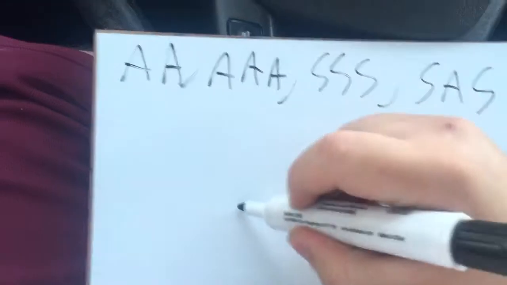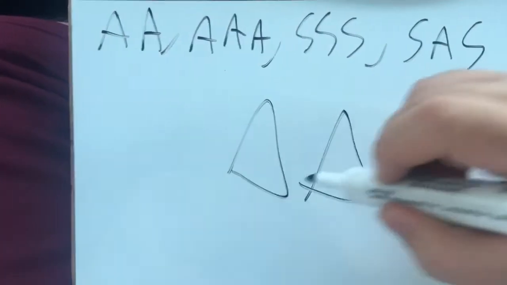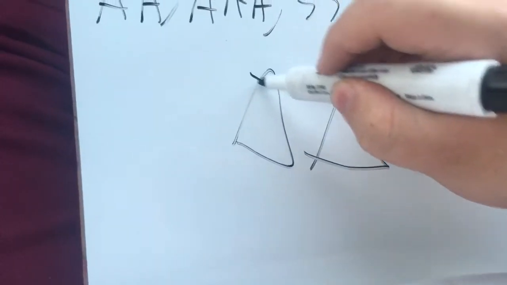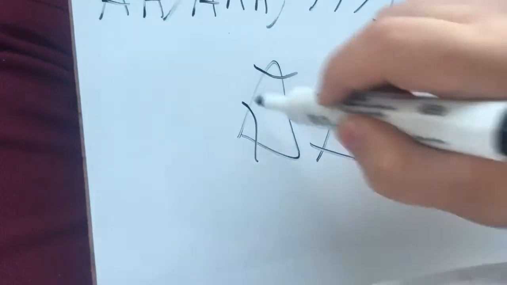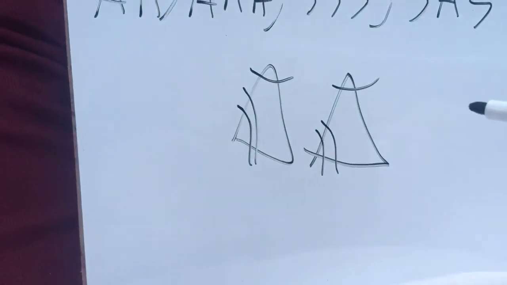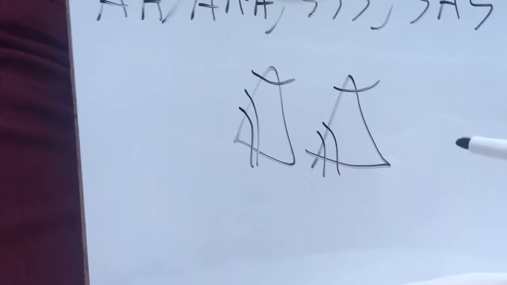Let's say you have two triangles and you've measured that they have an angle, an angle, and an angle that are congruent. Then they must be similar, or congruent, but they might not be congruent unless you follow the congruency postulates.